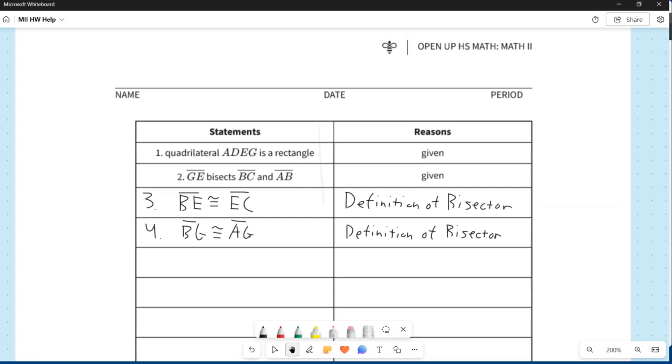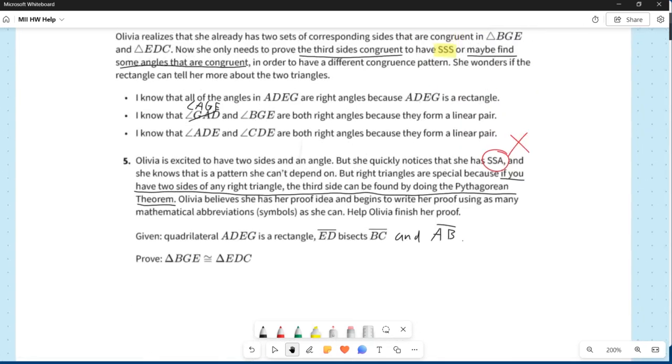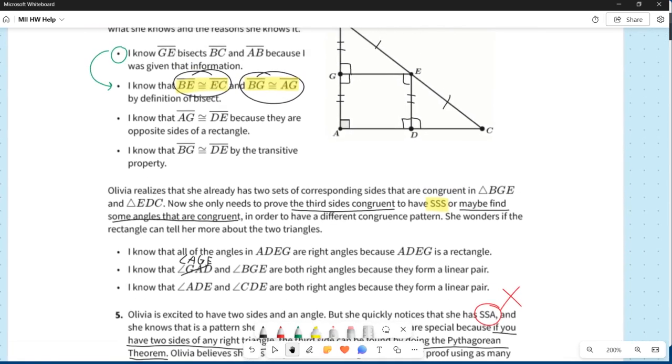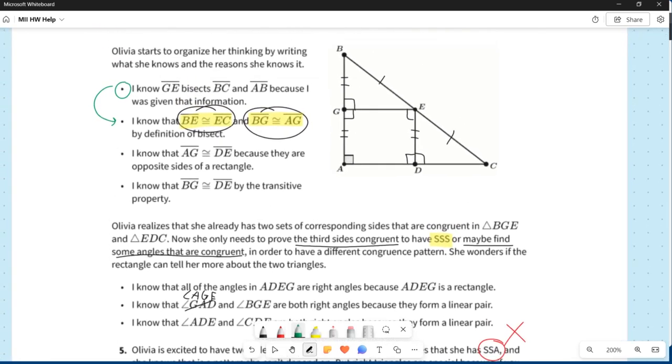Now, what's another thing that was said? Well, notice that we've now used up that bullet point. The third bullet point says that Olivia knows that AG is congruent to DE because they are opposite sides of a rectangle.